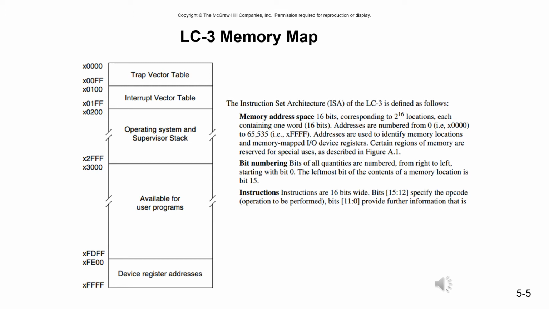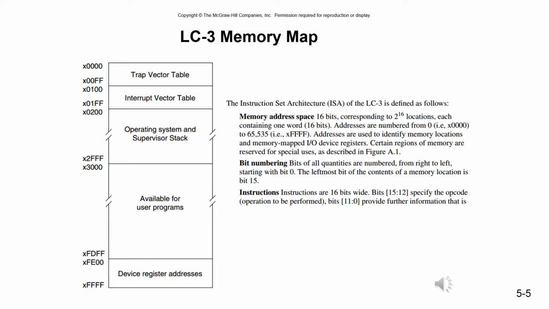And there's various sectors or areas of memory that are designated for specific operations or parts of the LC3. The trap vector table, the interrupt vector table, the operating system and the supervisor stack, and then we have hex 3000 to FDFF. That is the space in the memory map available for user programs.